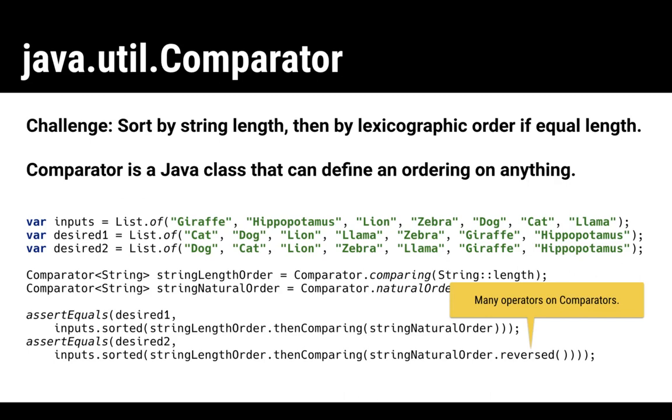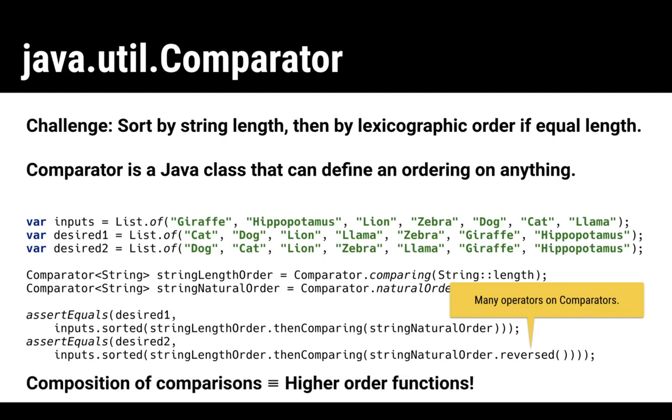If you look at the second line, it's the string length order, then the reverse of the string natural order. So I've got all these interesting operators that I can do on comparators that let me get more comparators out, and combine them, reverse them, etc. And what we're doing is called higher order functions. These methods on comparators build new comparators for us.